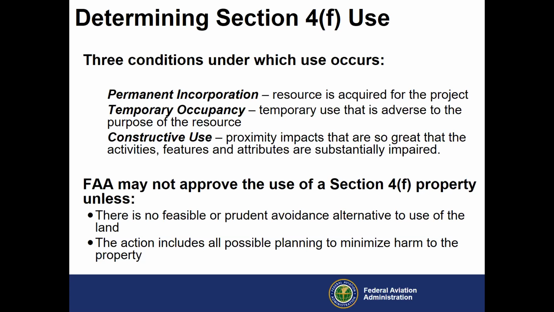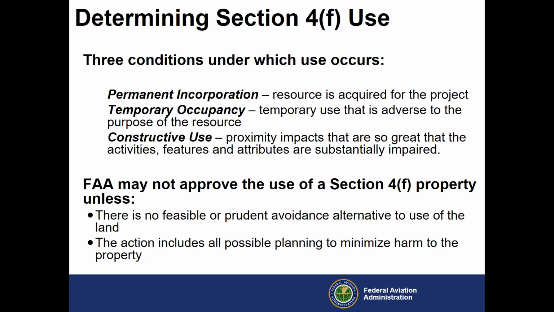Temporary occupancy, though, you have to determine whether or not that use is adverse to the purpose of that resource. If it's not adverse, maybe it's only just a temporary use during construction, maybe the access to that resource is shut down, but it's not adverse. Maybe there's another way into that park or other 4F property. If it's not adverse, we can go through the de minimis process.